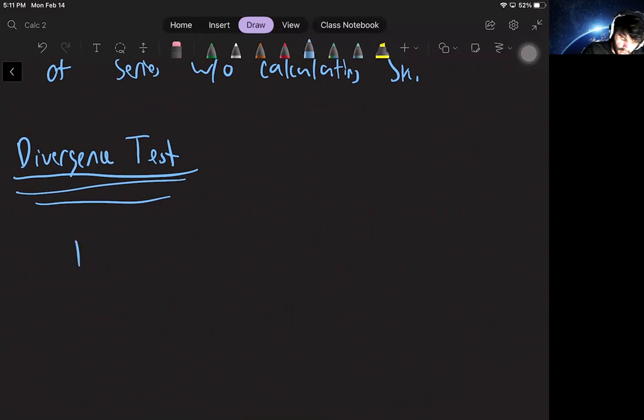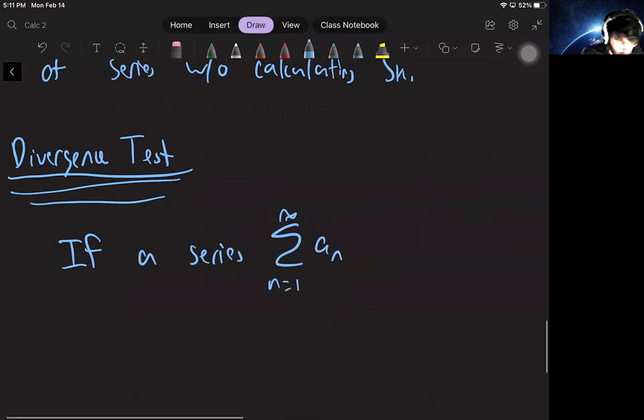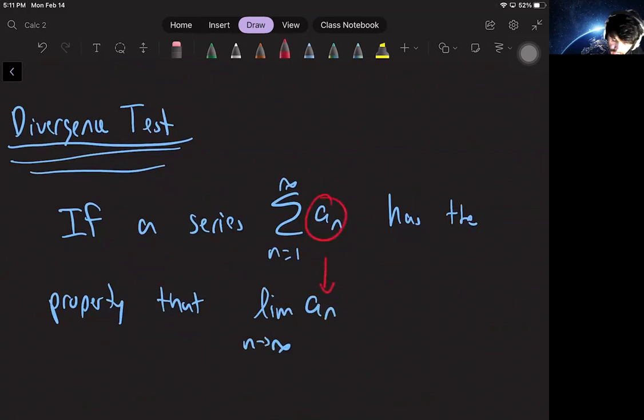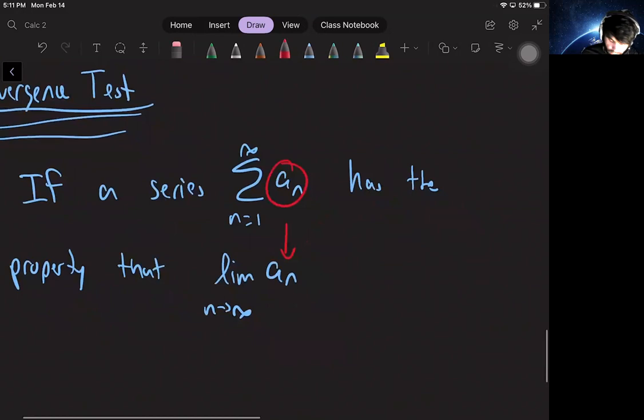Okay, so what is this test? If a series, it doesn't have to start at 1, I just got to pick a number, but if a series has the property that if you just take the limit of the sequence instead, so you just take those terms and you immediately take the limit, so you don't even bother adding, you don't do any partial sums, you just take the limit.